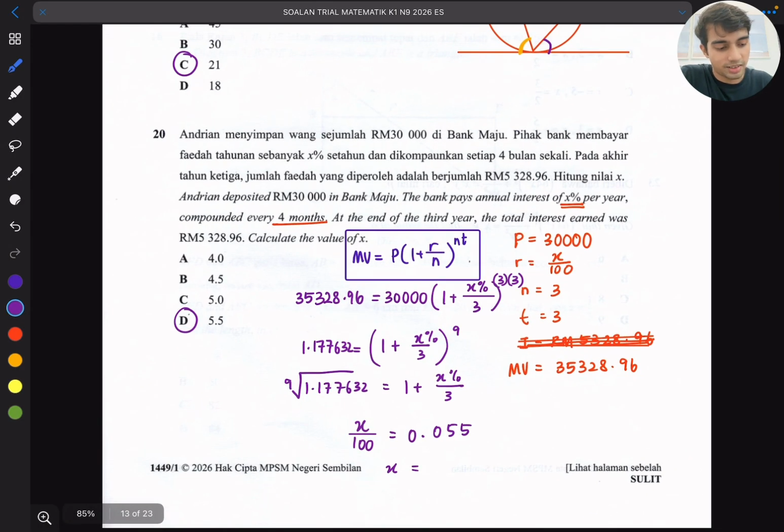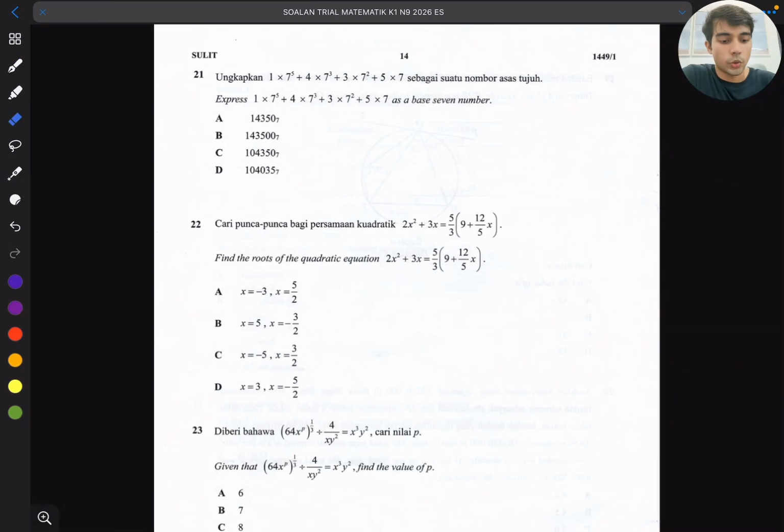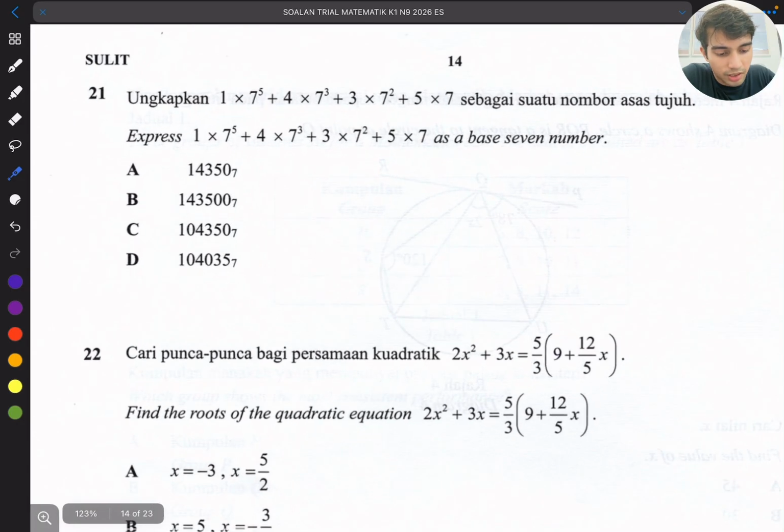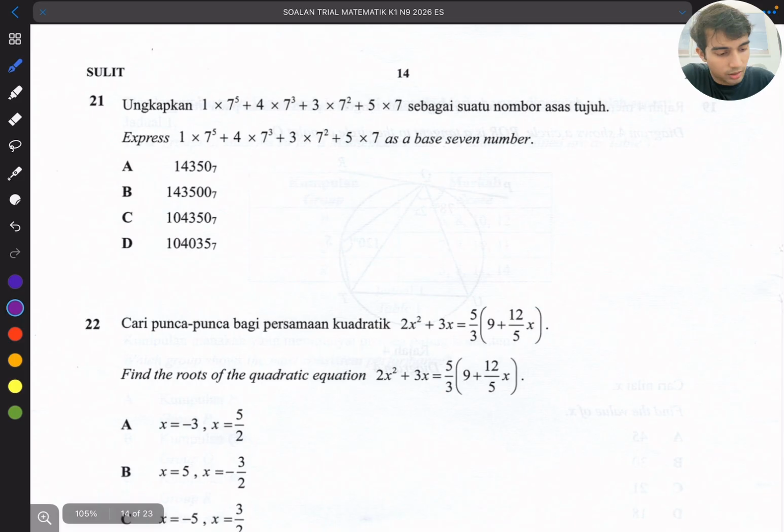Alright, halfway done. Question 21. Express this as a base 7 number. Here everything is given in 7. So what we can do is, 7 here, and then powers 0, 1, 2, 3, 4, until 5.